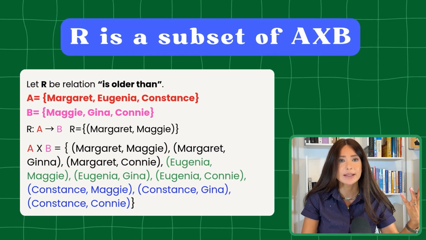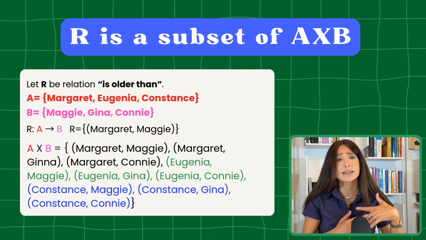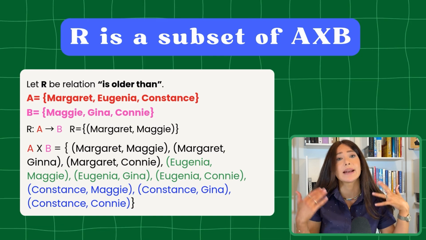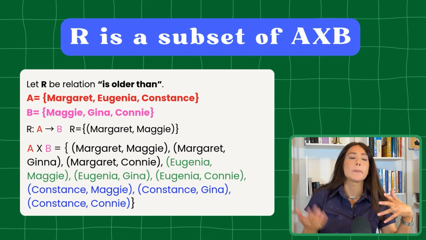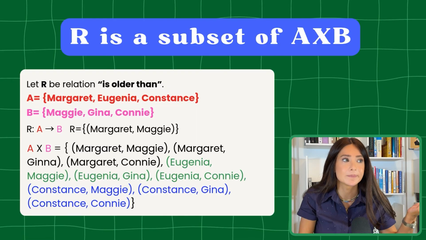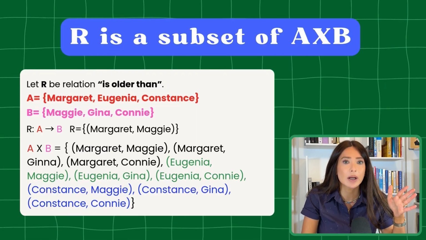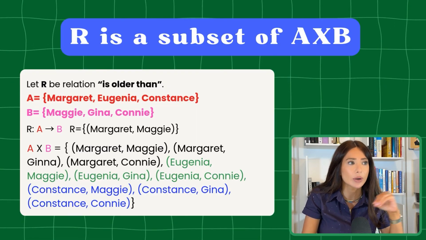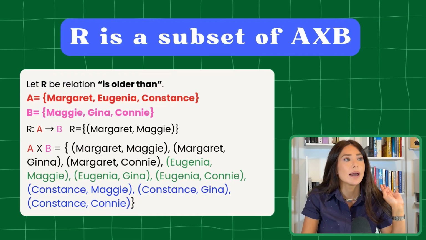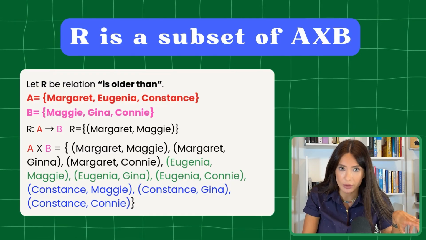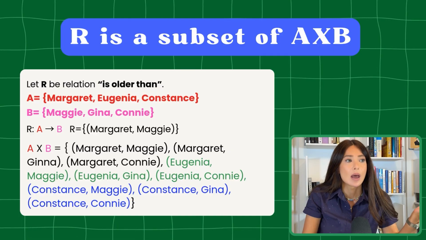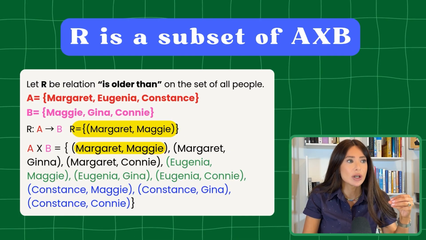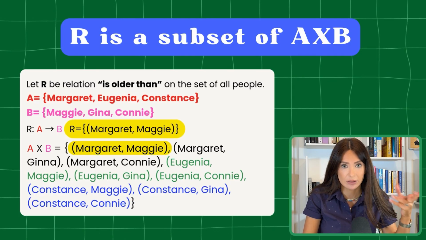So cross product is going to be taking every element from set A and connecting it, relating it to every element from set B. In this case, cross product will have 9 elements, okay? Margaret paired with Maggie, Gina, and Connie, Eugenia paired with all 3 of B, and Constance paired with all 3 from B. I picked out as my relation only the first one.